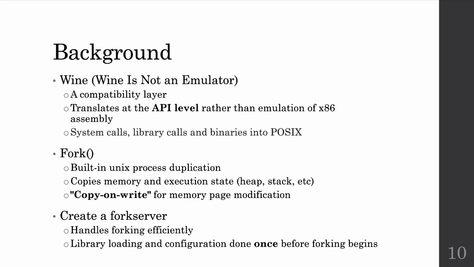You make a fork server start right before you want to mutate the function. So instead of running through the wine setup every time, we're going to have a fork server start after the wine loading and starting up has done, right before it calls the initialization of the Windows program. This will greatly improve efficiency, as we're about to see.